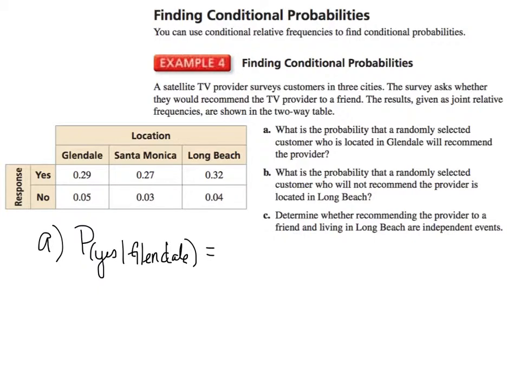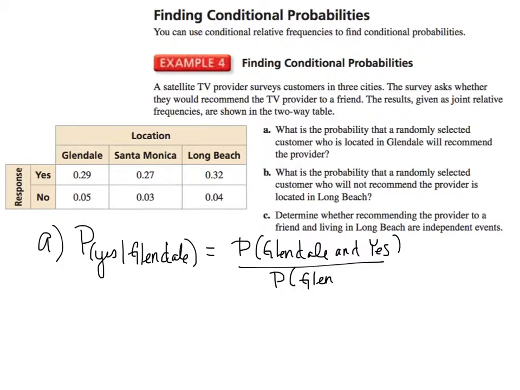Using our chart, what we learned back last chapter, we're going to take the probability that someone picked Glendale and yes, divided by the probability of who's in Glendale. So what's the probability that someone picked Glendale and yes? It's right here, 29%. So that'd be 0.29.